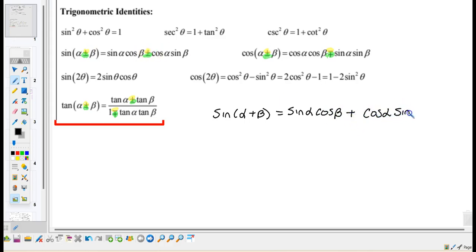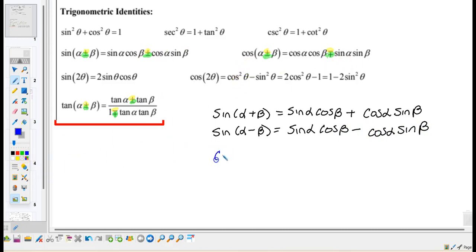Cosine alpha sine beta. Now if we take the bottom part with the minus, we're going to expand it to sine alpha cosine beta. But then with that bottom symbol, minus, and then the rest of the terms there.